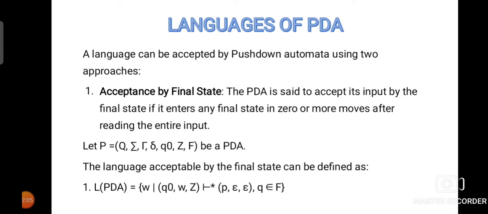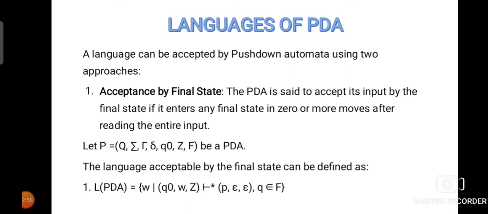So we can define the language accepted by the final state with the formal definition: L of PDA, language of PDA, equal to W, where W is the string, such that the state transition is Q0, W, Z tends to P, epsilon, Q. That means the system is moving from starting state Q0 by consuming the string W, and initially the stack will have the starting symbol Z, and finally the system, going through intermediate states like P, reaches the final state Q. So Q is one among the final states.